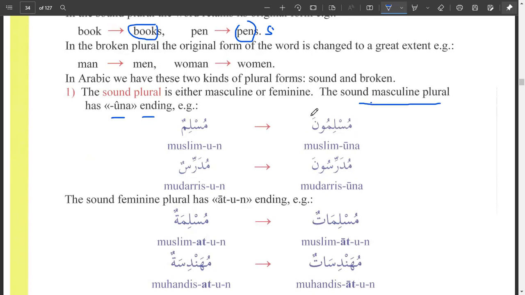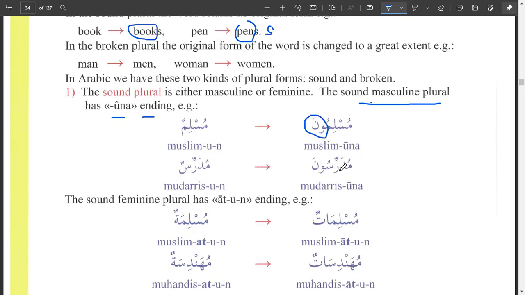So you see here there is an ending of una. If there is an ending of una on a masculine noun, it is called sound plural or jama salim.